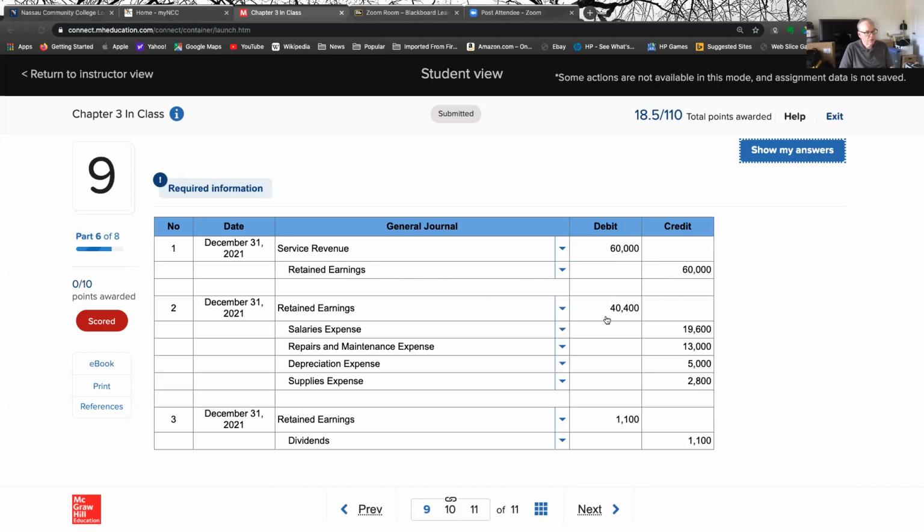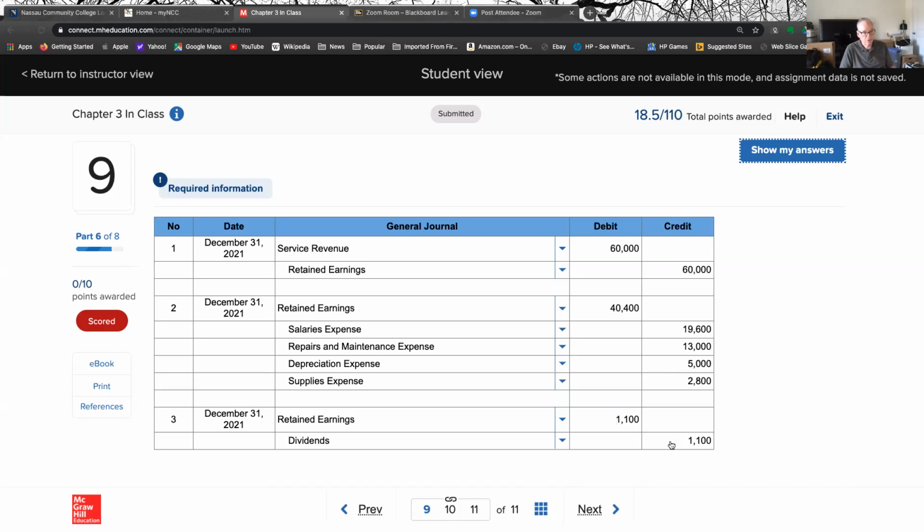Then the second entry is to close the expenses. Because we had an income statement, we knew that the total expenses were $40,400. Debit retained earnings, $40,400, and then credit each of the expenses. Then the third part, close the dividend account.